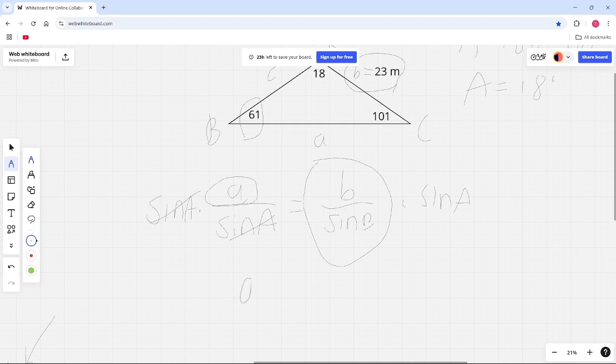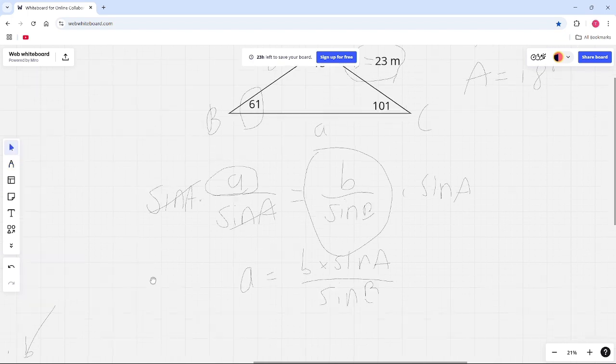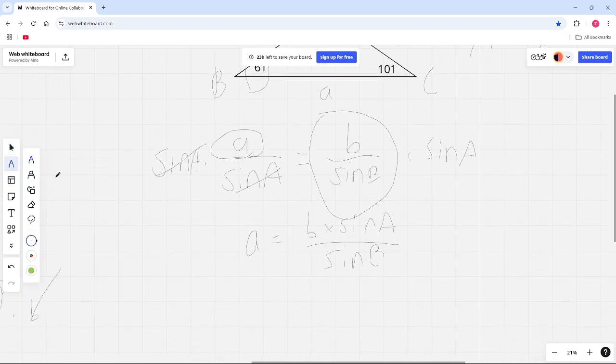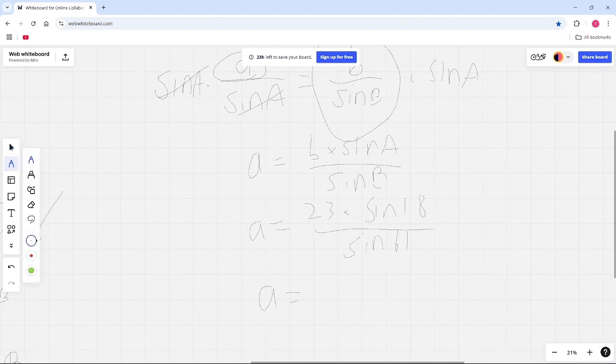So now you're left with a is equal to b times sine angle A divided by sine angle B. Now putting in all your numbers, you're left with a is equal to b, which is 23, times sine 18 degrees divided by sine 61 degrees. So side length a is equal to 8.1 meters.